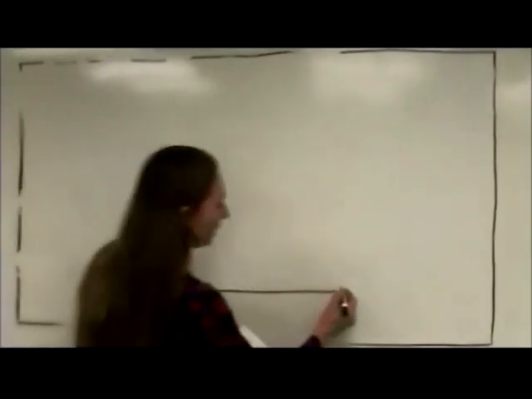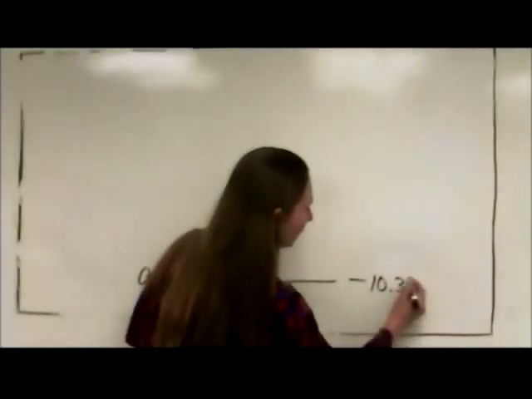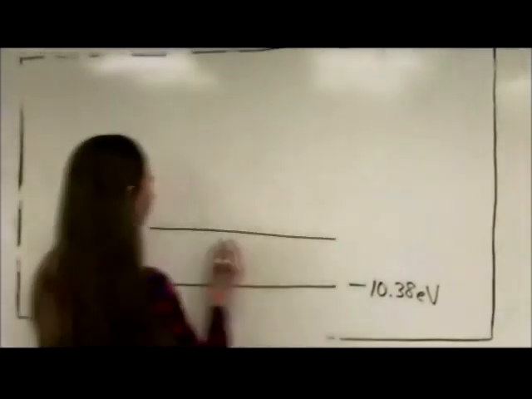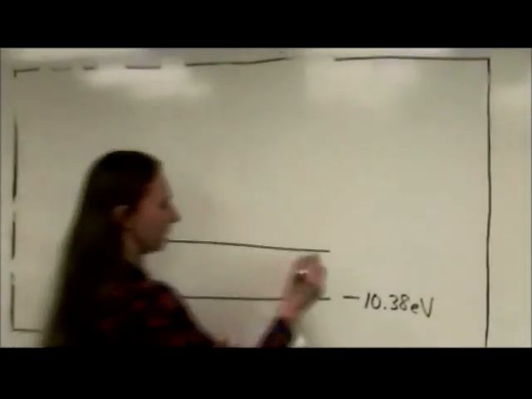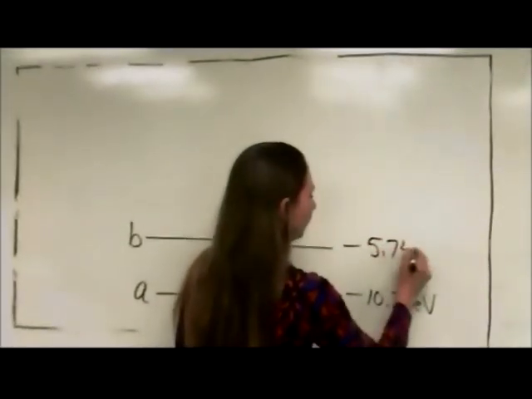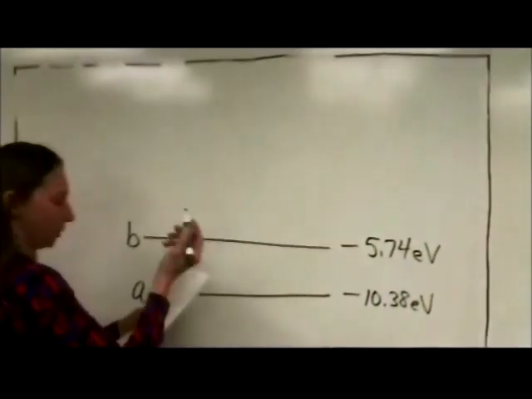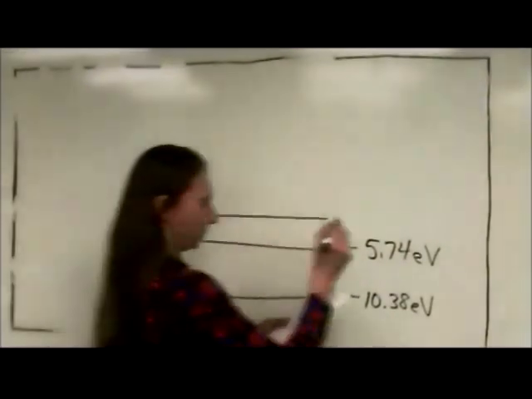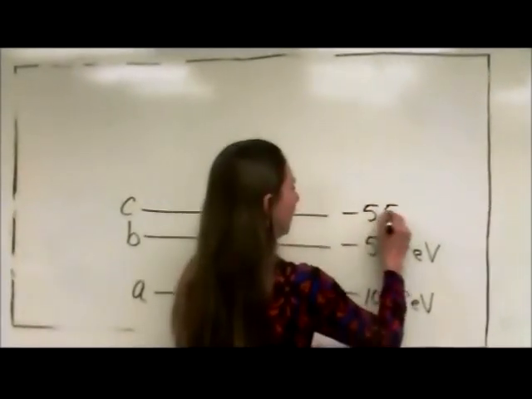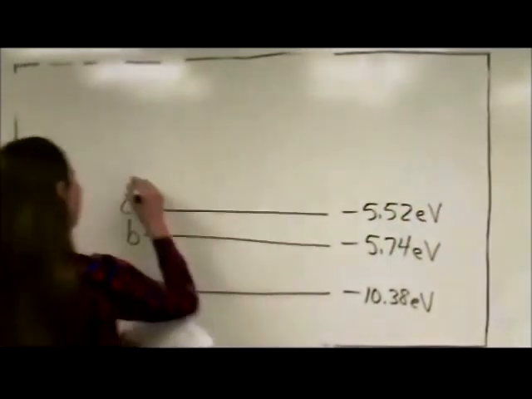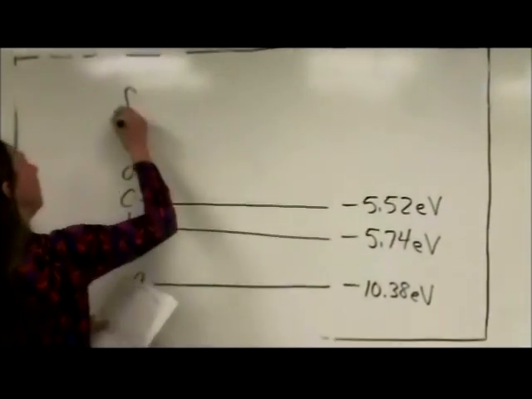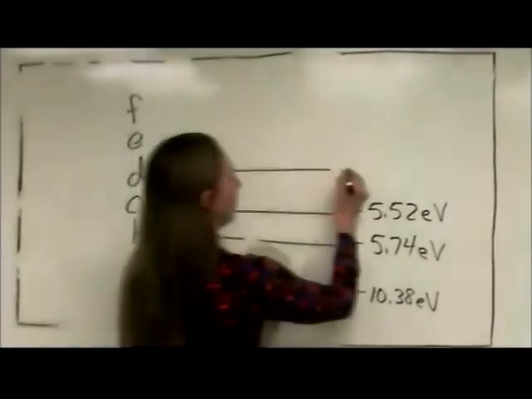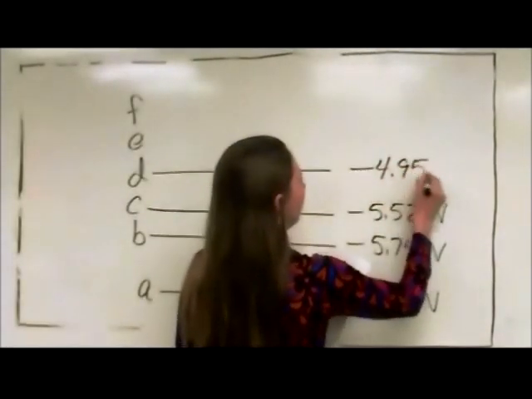Look at your Mercury diagram. A is negative 10.38 electron volts. B is negative 5.74 electron volts. We'll do a couple of them. Here's C. C is negative 5.52 electron volts. D, E, F, I guess we'll stop at F. D, negative 4.95.